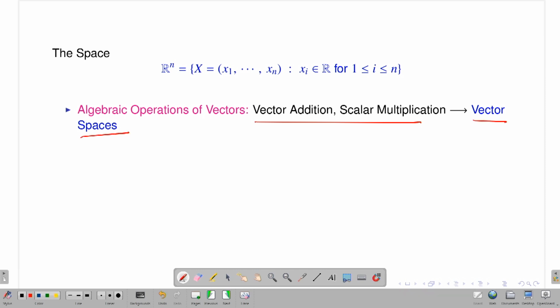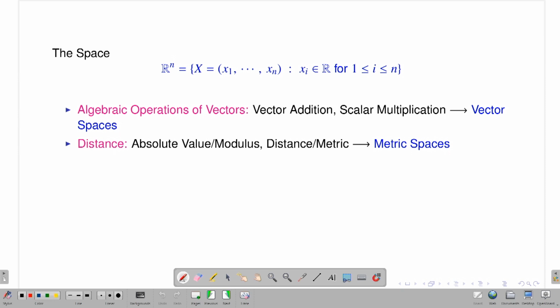Next is the absolute value or modulus of a vector, which we have seen. That concept is basically the distance from the origin to that point. Instead of the distance from the origin to a point, we can have the distance between two points.